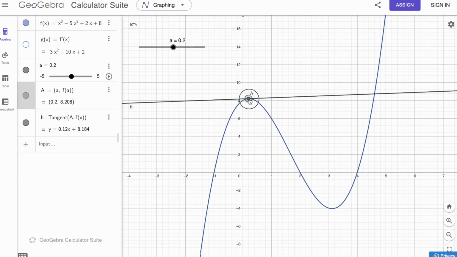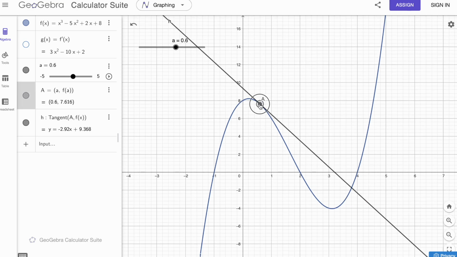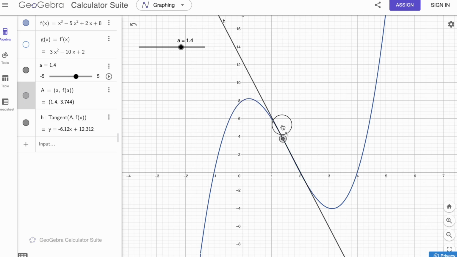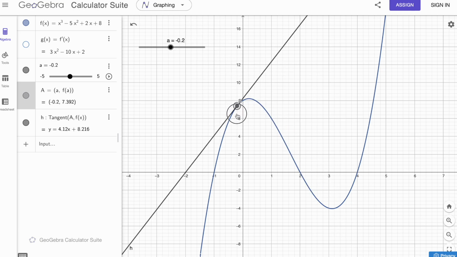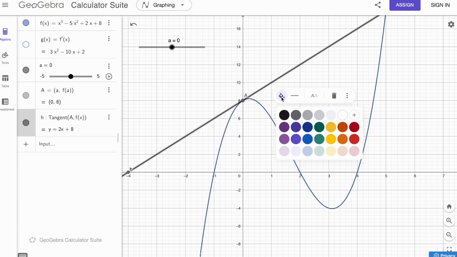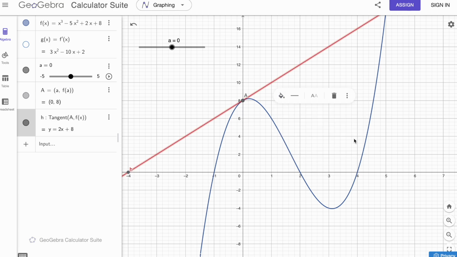You can see that we can move it across my function. And here, as I said before, you see the x values. So if I have it here, that's when x is 0. I will change the color of this tangent. I'll make it red.